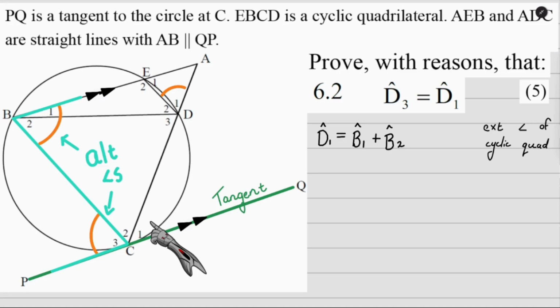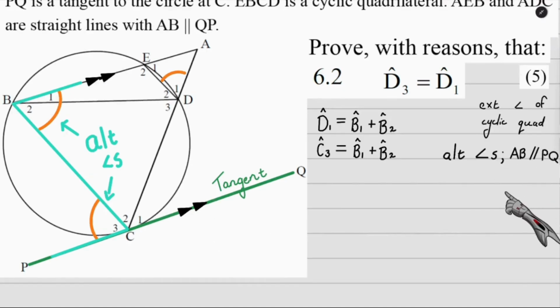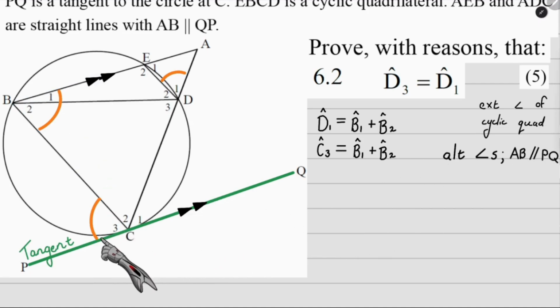So we're going to write that up just like this. C3 is equal to B1 plus B2, alt angles, and that's because line AB is parallel to the line PQ. And now I'm going to have a look at this orange angle and see what I can do with it. If I look at this orange angle, it's touching a tangent and it's touching a chord.